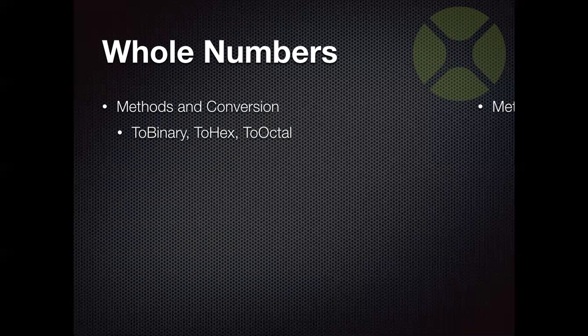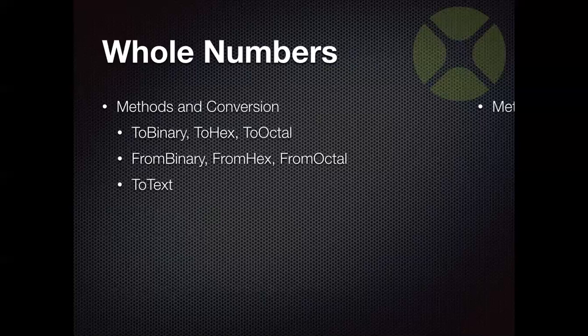So in particular, there are now methods to convert to and from binary values. There's also a toText method, which allows you to convert the whole number to text using a locale. And we'll talk about locale in a minute, but you can essentially think of that as the way the number is formatted. And you can specify an actual format string as well.